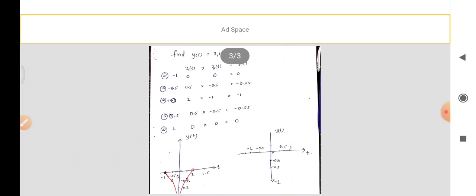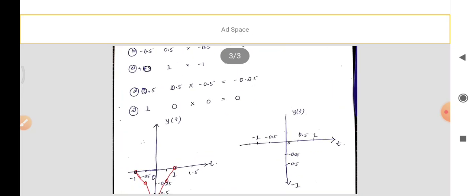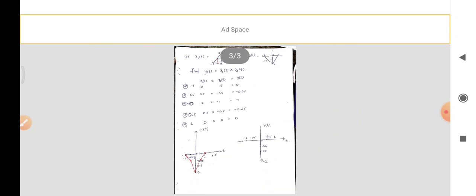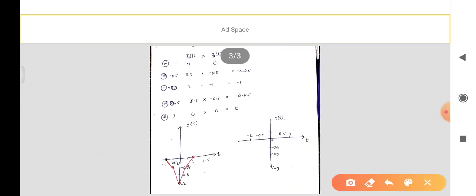Now we have to take these values and mark them here. At -1 it is 0, and at -0.5 it is -0.25. Observe, this is your -0.25, and then next at 0 it is 1. And at plus 0.5 it is again -0.25, and then at 1 it is 0.